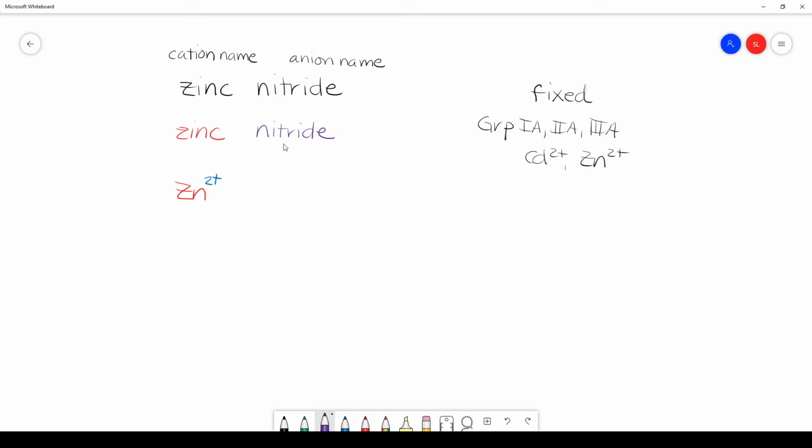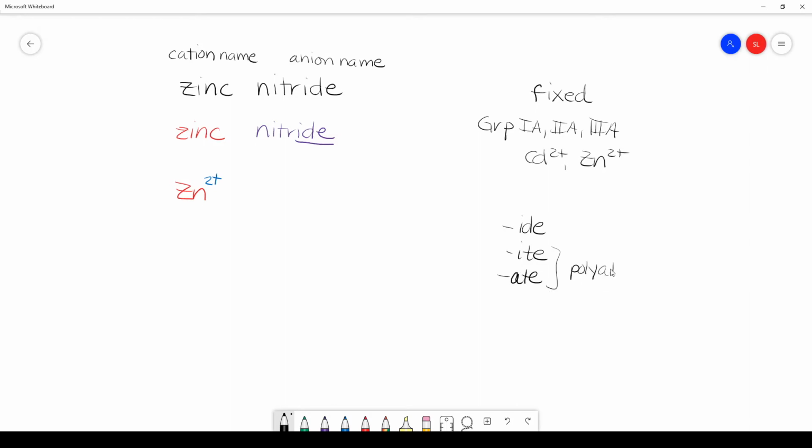Moving on, nitride. Pay close attention to the ending of the anion, because IDE endings are typically monatomic ions off the periodic table, except for cyanide, whereas our ITE and ATE endings are polyatomic ions.